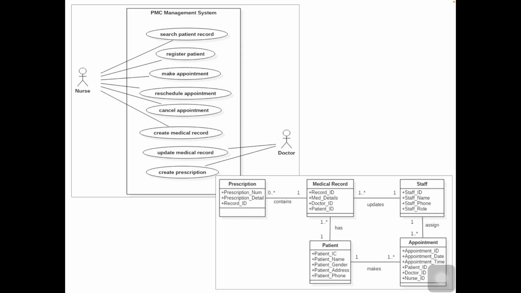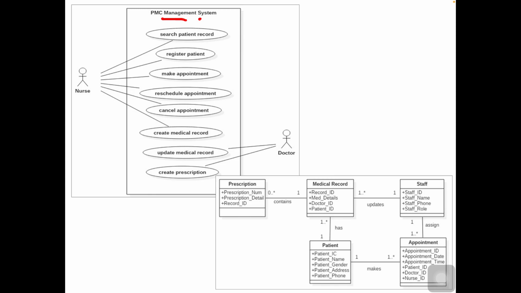Okay, this is an example of a use case diagram and also the domain model class diagram. Let's say we have the use case for a PMC management system. Remember, if we are using the noun technique, we need to check our use case diagram and also the actors and identify the nouns.